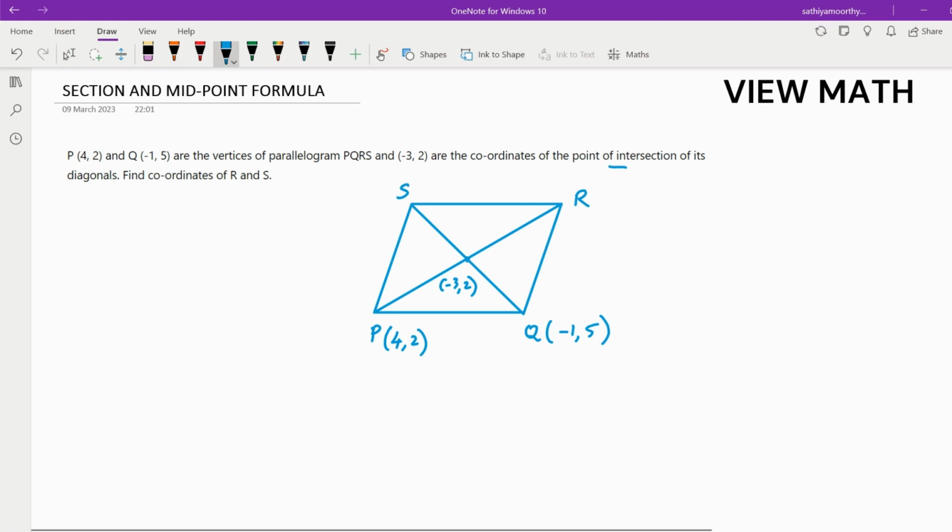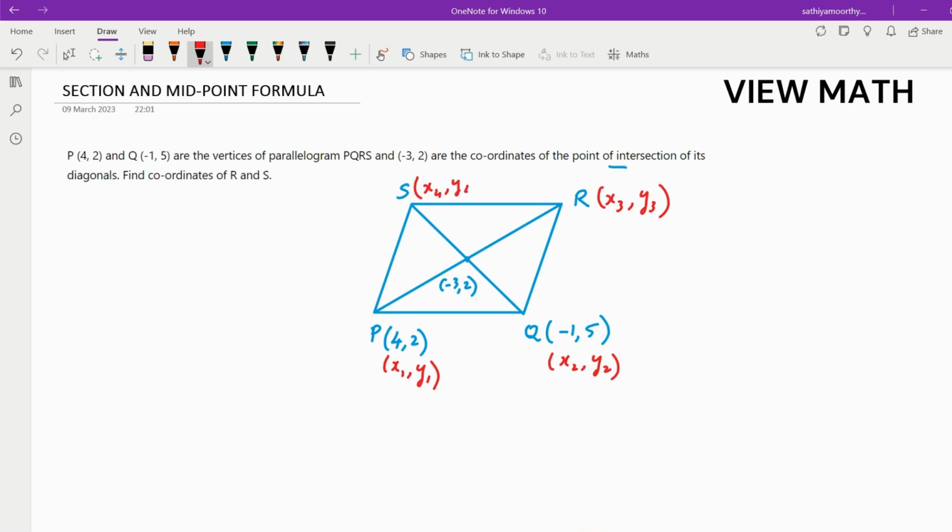So let me take the coordinates of P as x1, y1, and Q as x2, y2, and R as x3, y3, which I need to find out, and S as x4, y4, and I have to find the S coordinate too. Now I know the midpoint formula, so let me write it.